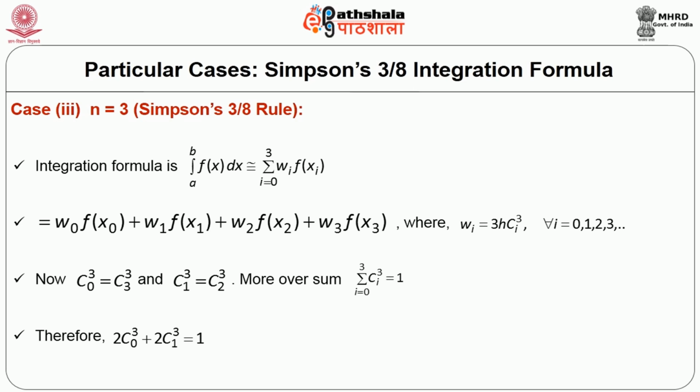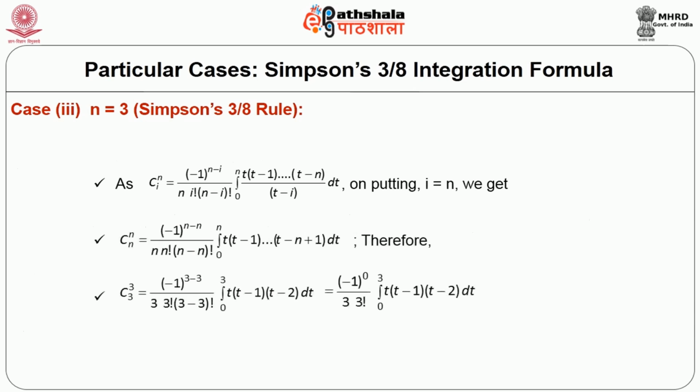And let us use the properties. 3c0 is 3c3, 3c1 is the same as 3c2, and the sum of all these 4, 3c0, 3c1, 3c2 and 3c3 has to be 1. So again we need to derive only one of them, because 3c0 is the same as 3c3 and 3c1 is the same as 3c2, so only 2 of them need to be derived, and the sum of all of them is 1, so we need to derive only one of them.